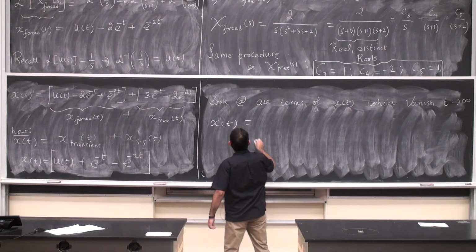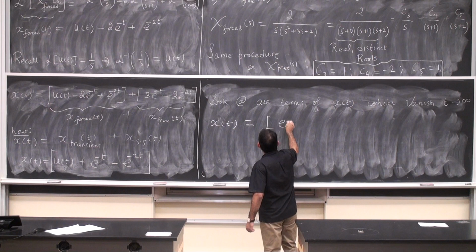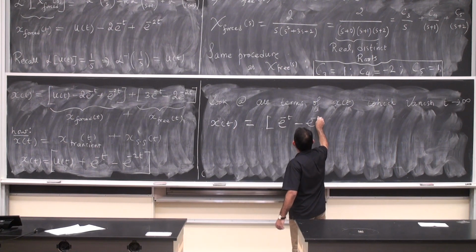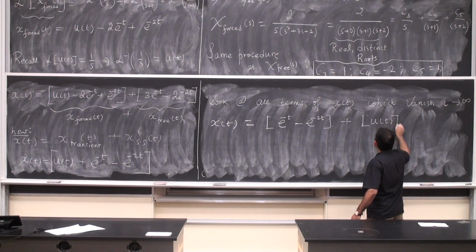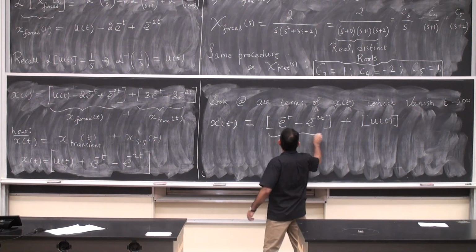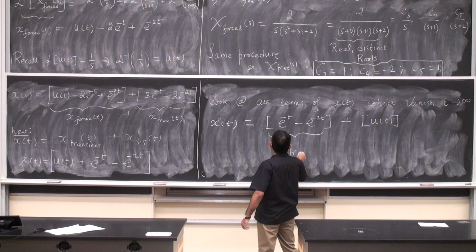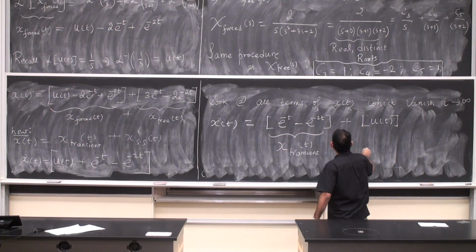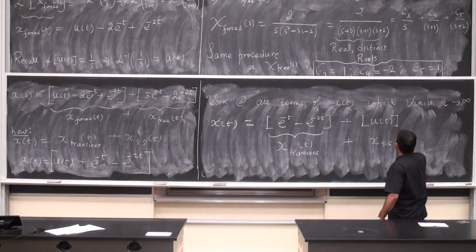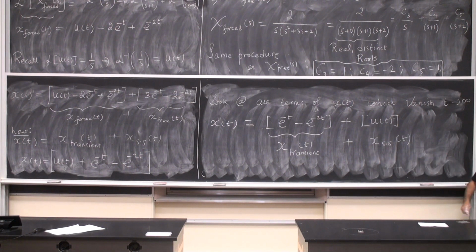So the x of t is this, which is transient, plus x steady state of t. And I have two more minutes, so I'm going to take that.